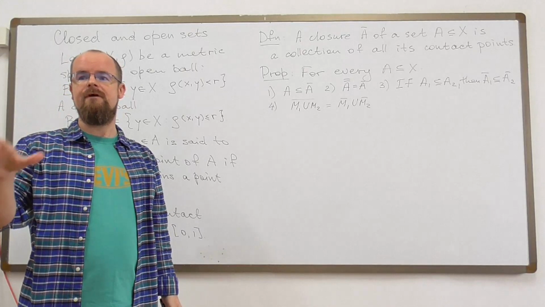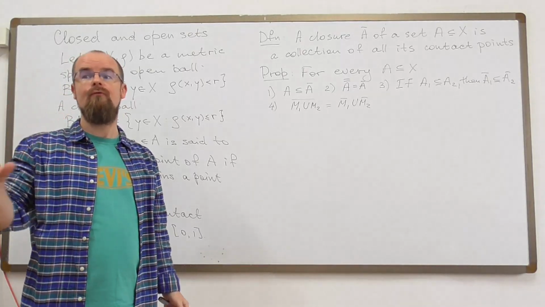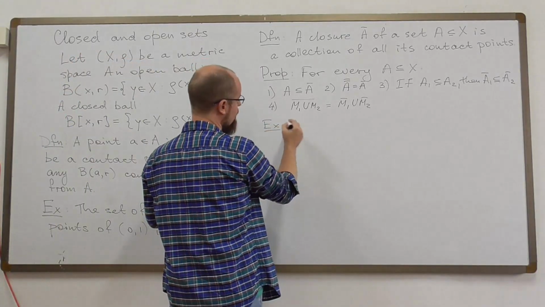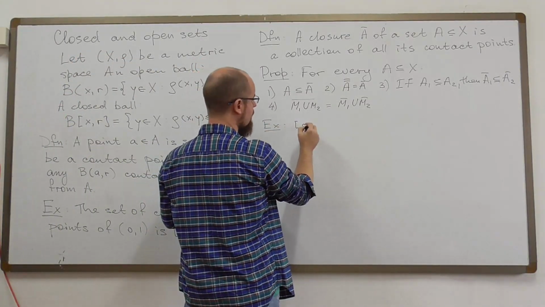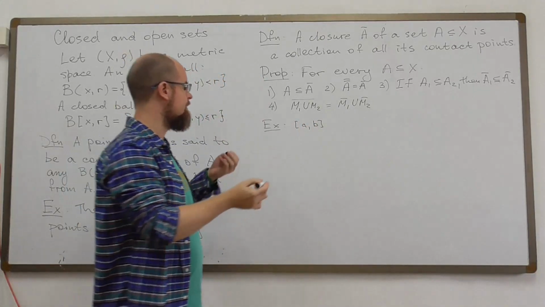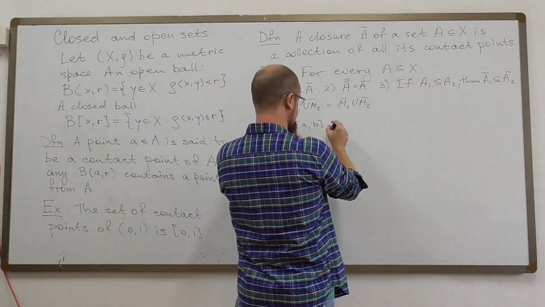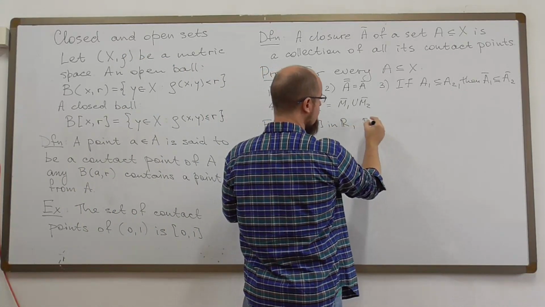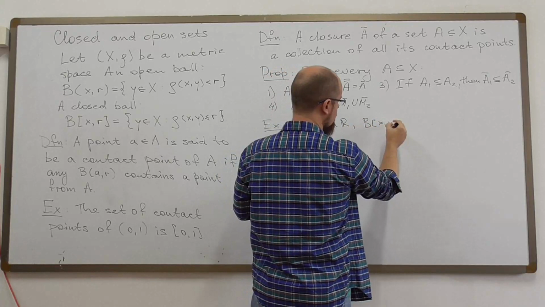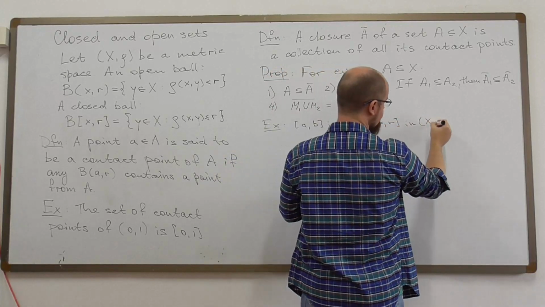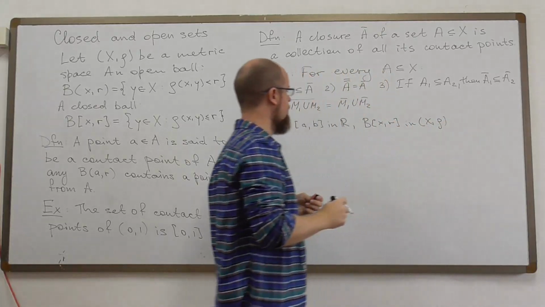Let us briefly discuss a few examples of closed sets. We already know that a closed interval on the real line is a closed set. A closed ball in any metric space is closed.